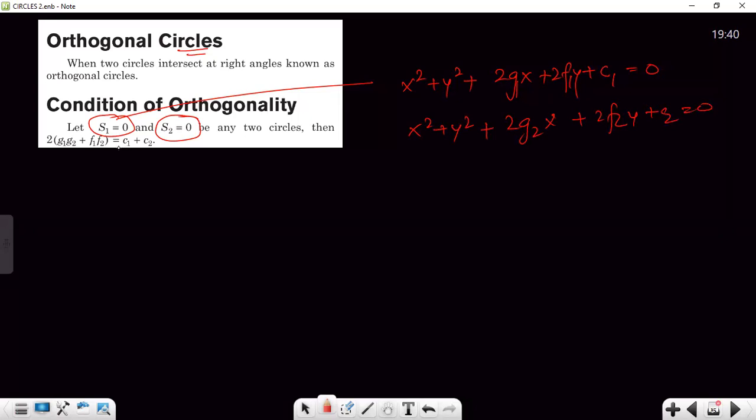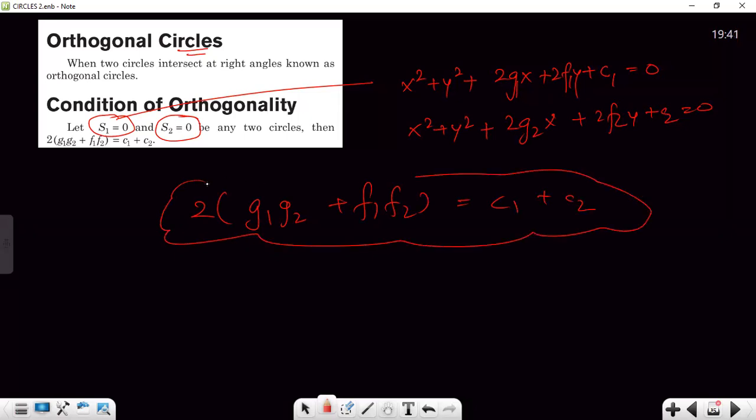The condition of orthogonality says that 2 into (g1g2 plus f1f2) should be equal to c1 plus c2. You have to memorize it. Minus g1, minus f1 is the center of the first circle. Minus g2, minus f2 is the center of the second circle.